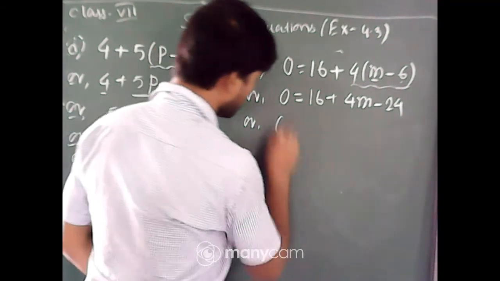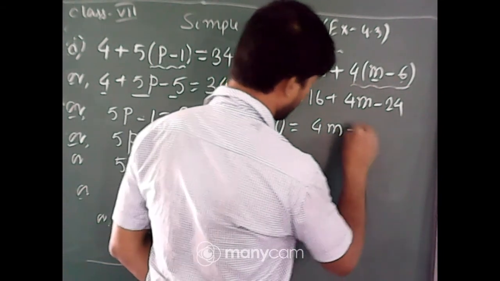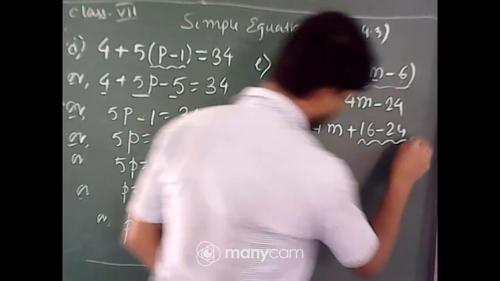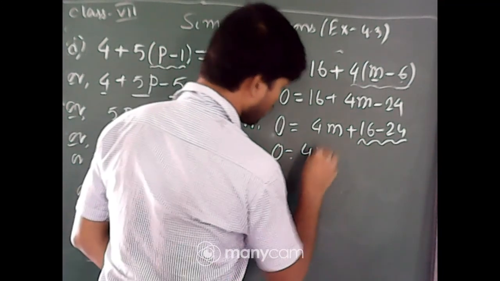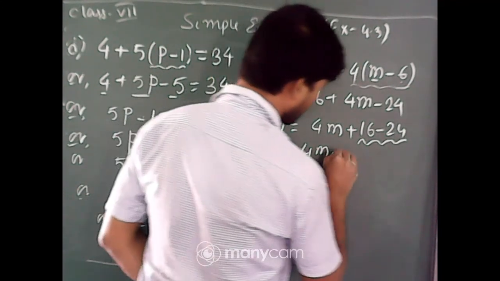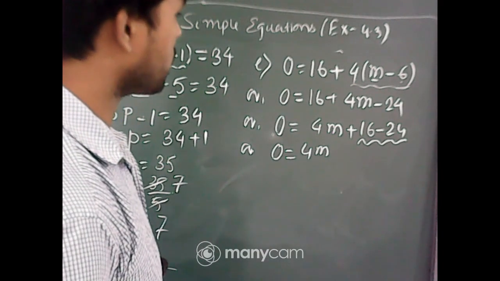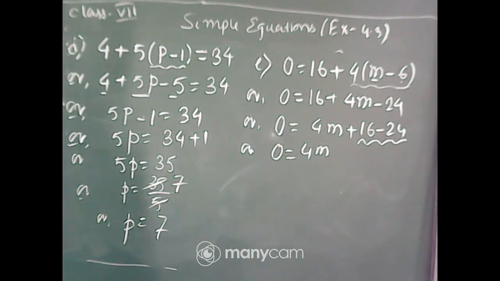That means 0 is equal to 4m plus 16 minus 24. Now tell me the result of this portion. When 24 is subtracted from 16, what will be the result?